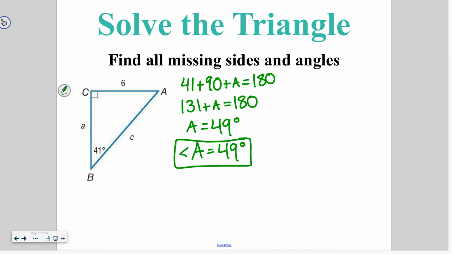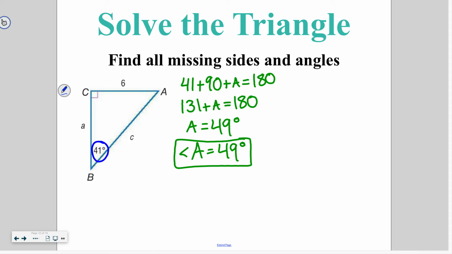So, we can now use any of our angles and any of our trig ratios to help us find those missing sides. Since they gave us angle 41, I'm going to go ahead and use angle 41 as my base angle. So to find the value of a, I am looking at the adjacent and the opposite, because we have the value of 6.